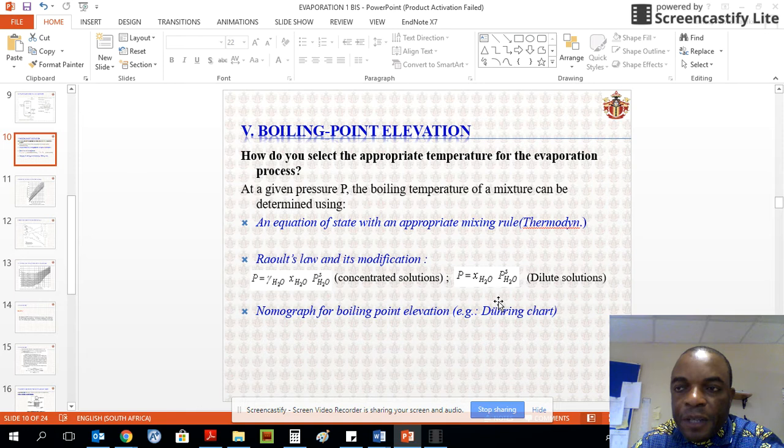Now, one of the fundamental questions that one has to answer or address when discussing evaporators is to find out the appropriate temperature at which evaporation should be conducted to be successful.